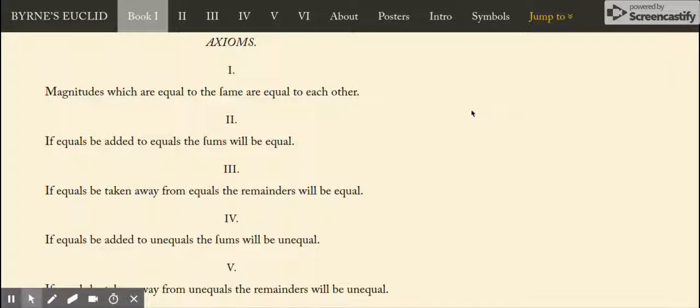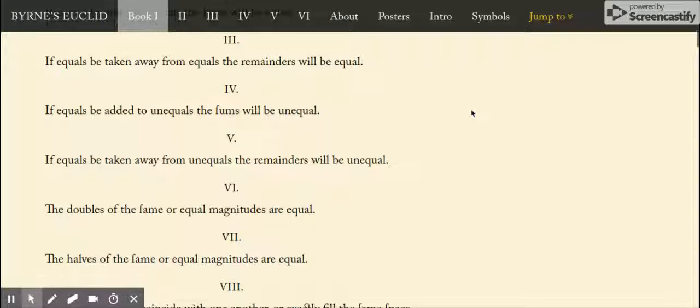Axioms: 1. Magnitudes which are equal to the same are equal to each other. If equals be added to equals, the sums will be equal. If equals be taken away from equals, the remainders will be equal. If equals be added to unequals, the sums will be unequal.